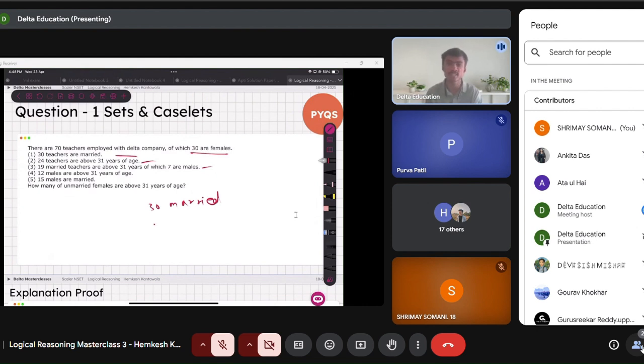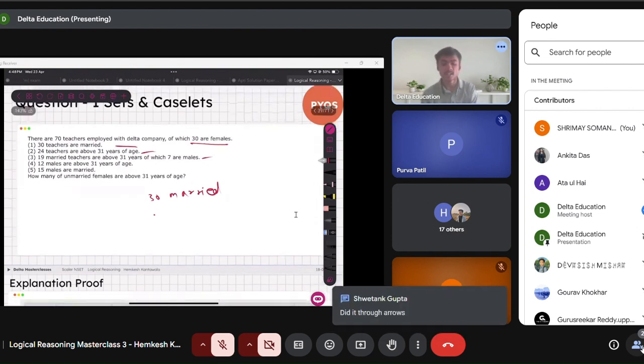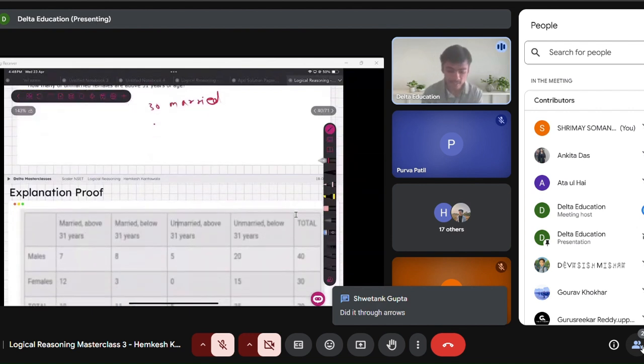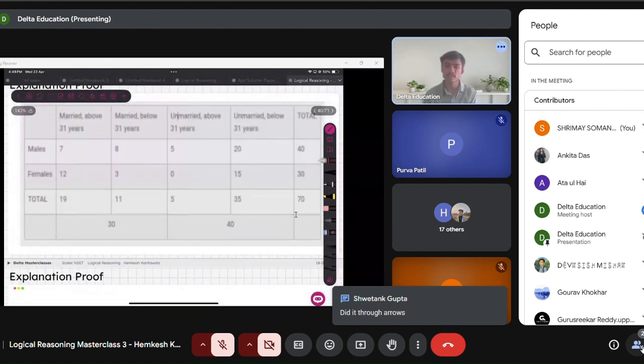I just want to know what are the different methods that you all use. There is not a correct method over here; there is just the correct answer. So no worries if you have used any other method. In this type of questions, you could do it through arrows.